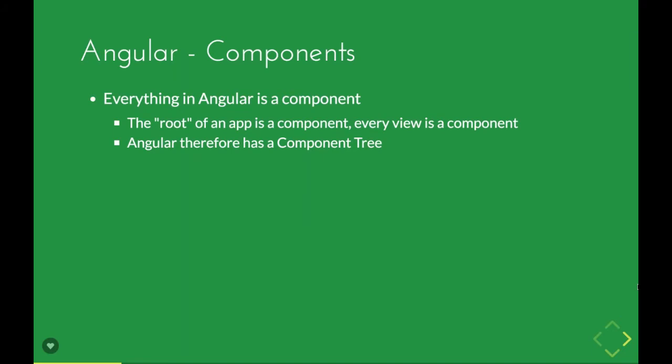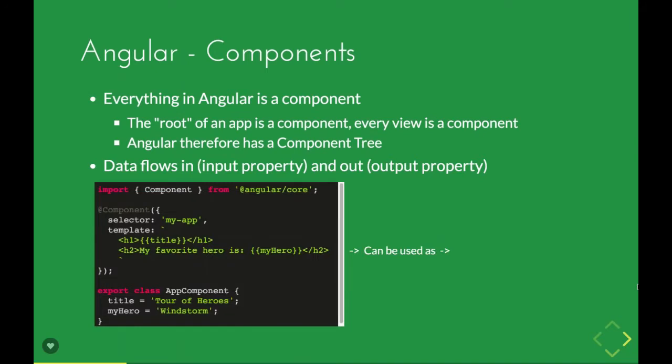So you have a component tree going from that root out to everything that we work with out of the box from Angular, or of course something we create ourselves. There are other aspects of Angular, of course, that aren't components, but a lot of the things that we'll be writing as developers specifically deal with components. And data flows in through an input property and out through an output property, which kind of makes sense.